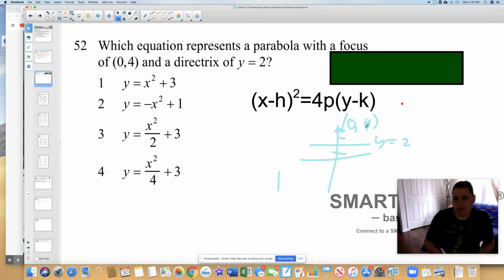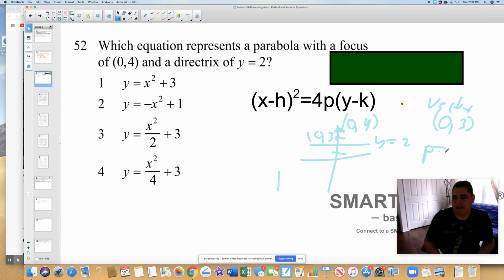Your turning point is equidistant between your focus and your directrix. So if my focus is (0, 4) and my directrix is y equals 2, my turning point has to be right in the middle, at (0, 3). So my vertex is at (0, 3).